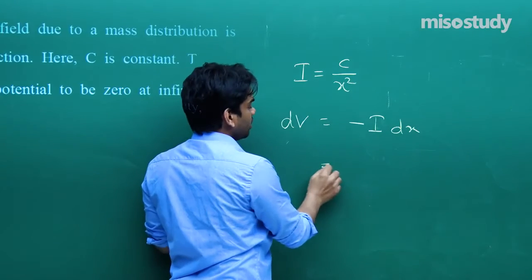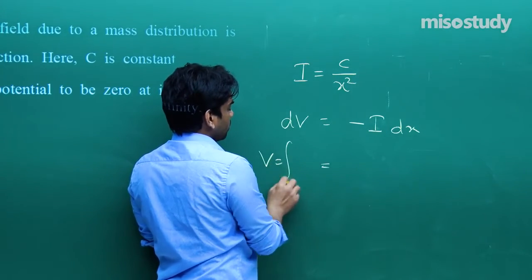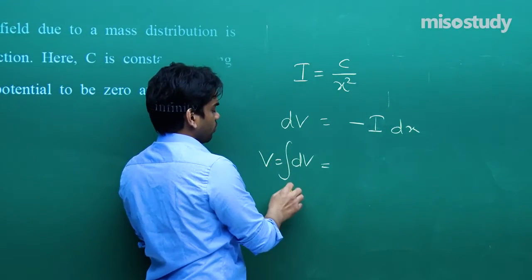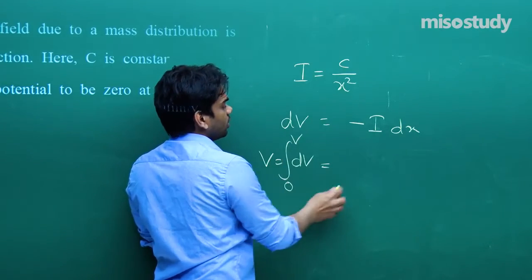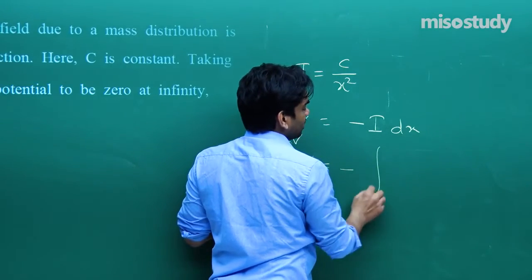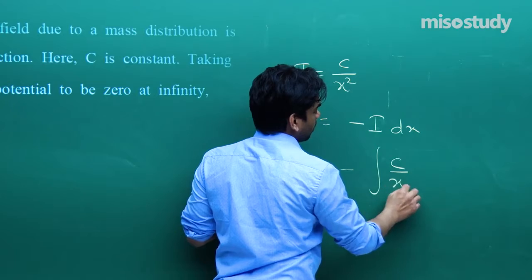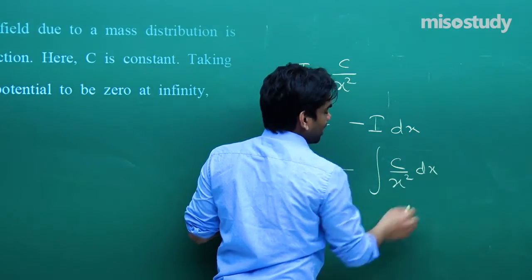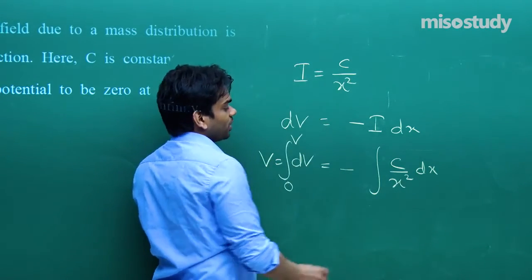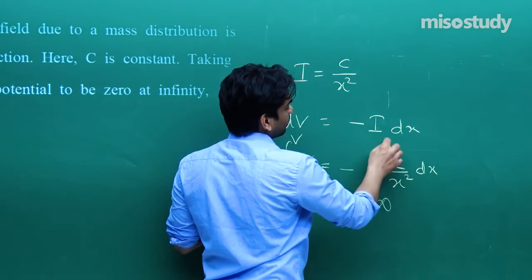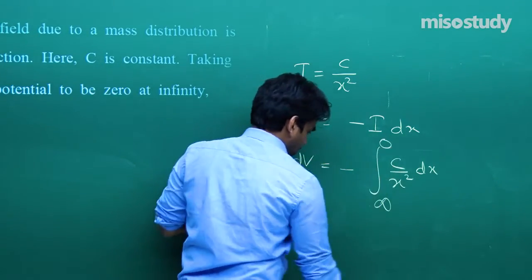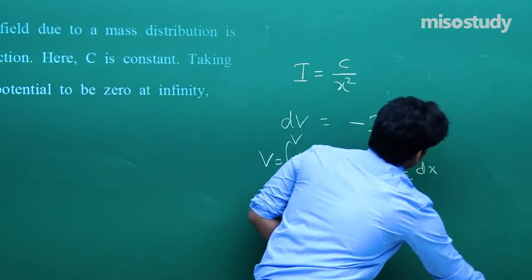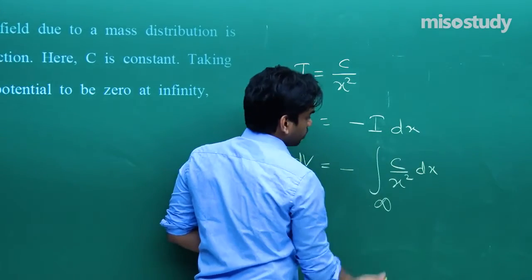So V will be equal to the integration of dV from 0 to V equals minus the integration of C upon x square dx. It's 0 when the x value is infinity, and then you have the upper limit, where you have to put x.